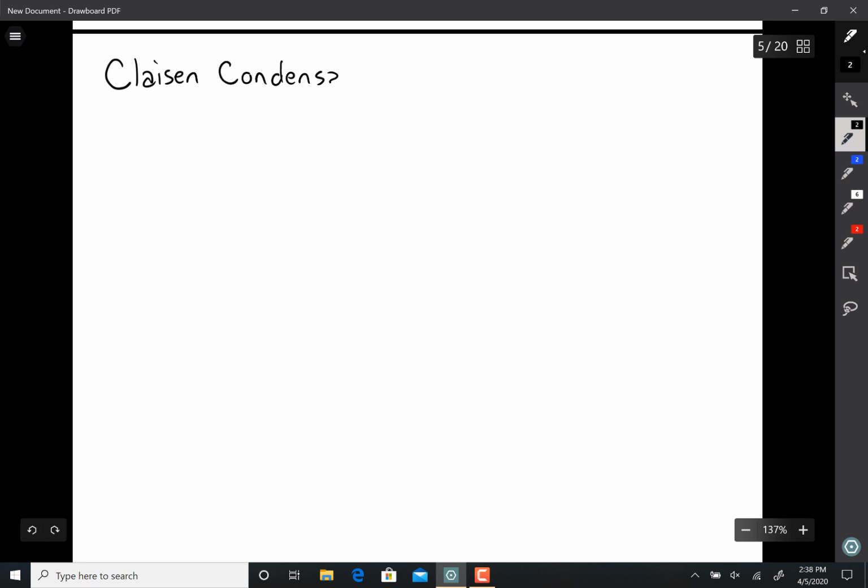Now let's do the Claisen condensation. The Claisen condensation involves esters as nucleophiles.